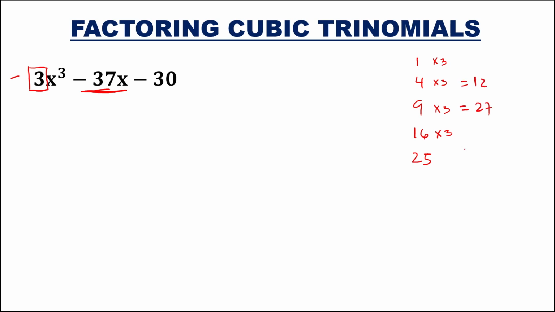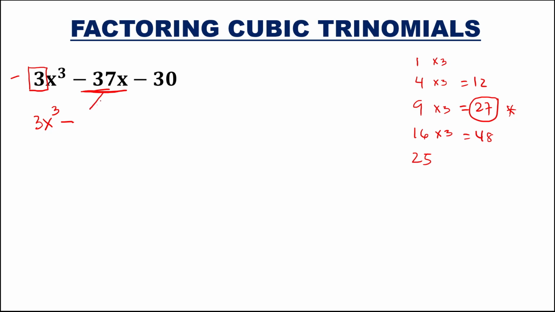And this is equal to 27. This is equal to 12. This is equal to 48. So since 27 is closer to 37 and less than 37, we're going to use this number. So this becomes 3x to the power 3, then minus.